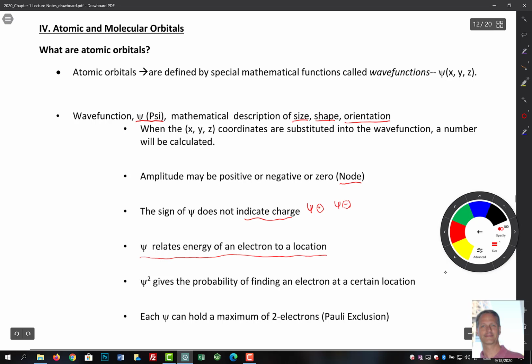As far as quantum chemistry goes, if we take the wave function and square it, it gives us the probability of finding an electron at a certain location. Each of these wave functions is an orbital, so it can hold a maximum of 2 electrons. That's really the extent of what we want you to know for wave functions. And again, if you're a chemistry major, you'll spend a whole quarter or longer studying wave functions.